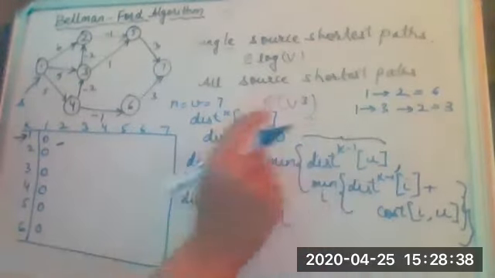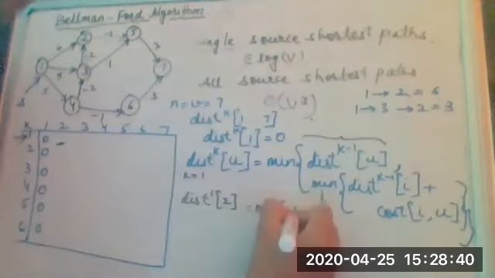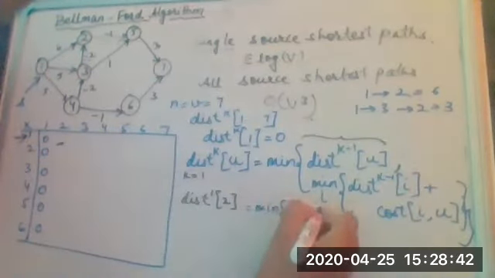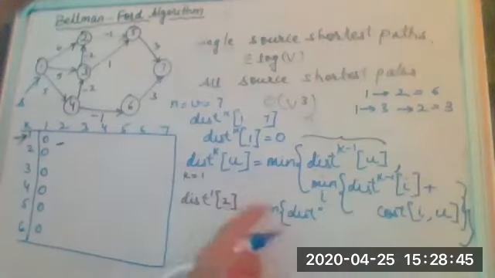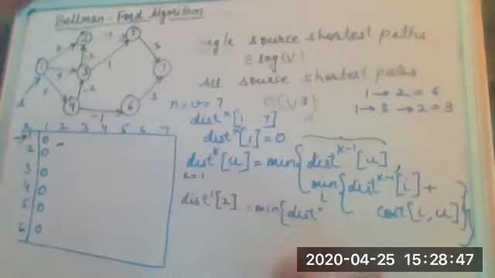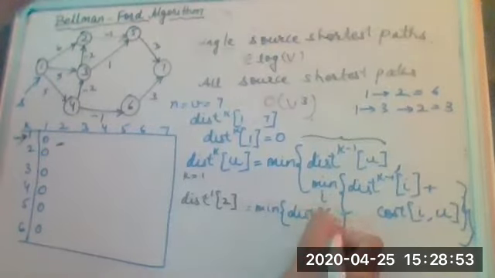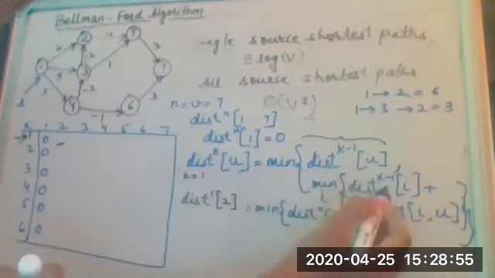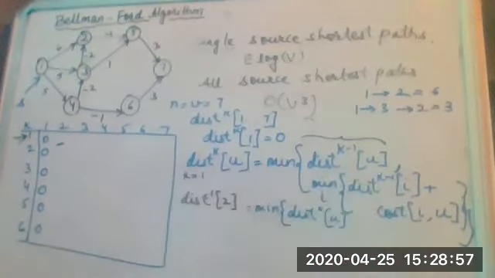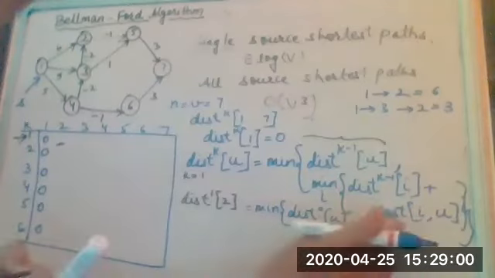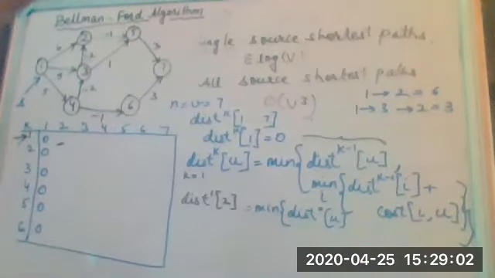The first value is distance of when I have only the 0th, that means I have not considered any of the value. So this will be u plus minimum of distance 0, that will be all no values. And it will be only remaining to cost of I to u.